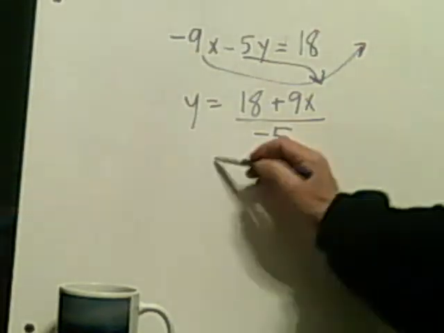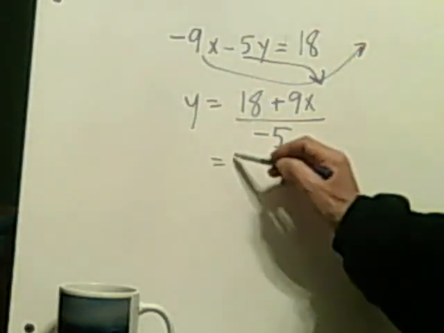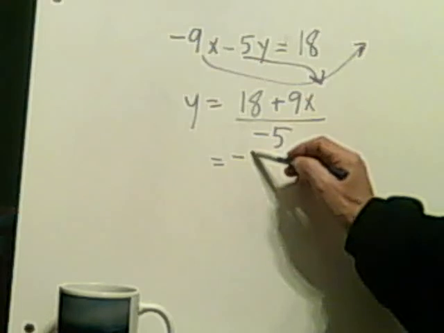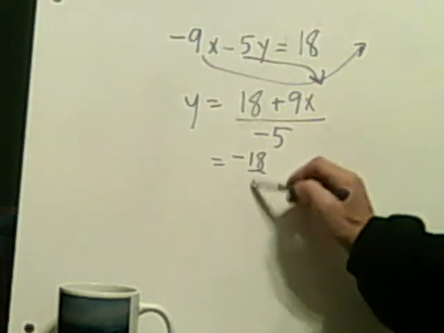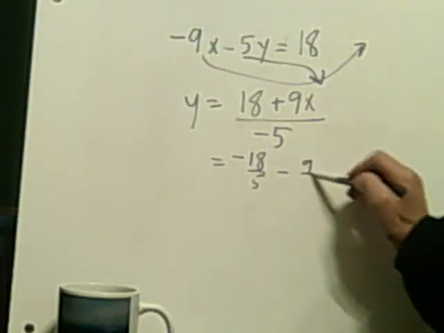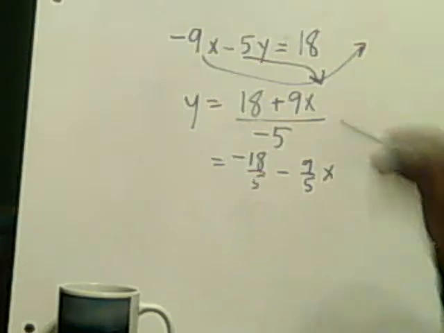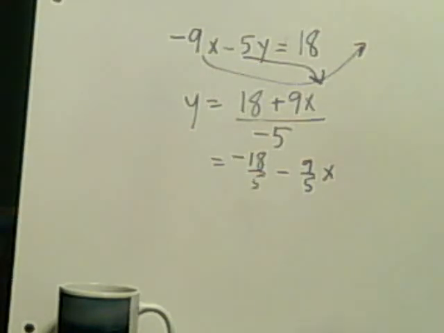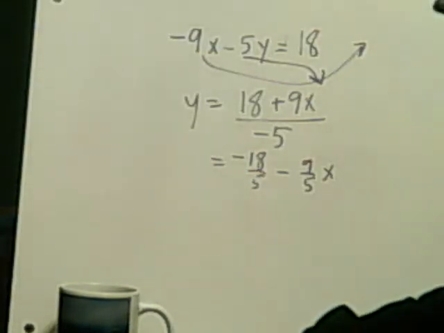Okay? So that would be conventional to put the negative in front. You could have negative 18/5 minus 9/5 times x. But it's the same. I say that's perfectly fine. Okay, now let's go to 16.